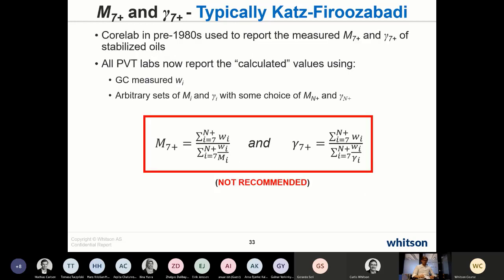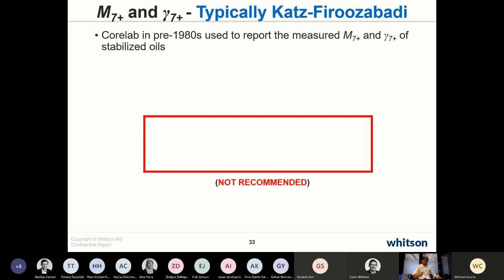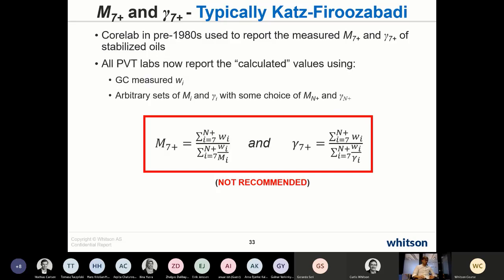So the first thing to mention is that back in the 80s at least, Core Lab used to report the measured molecular weight of C7 plus and specific gravities of C7 plus for stabilized oils. So that's typically stock tank oils.